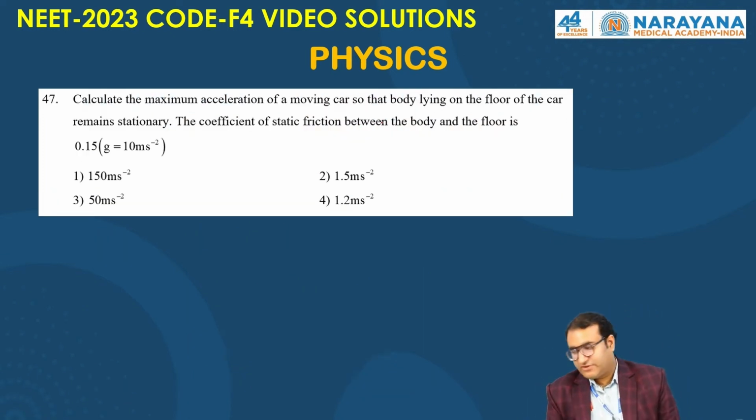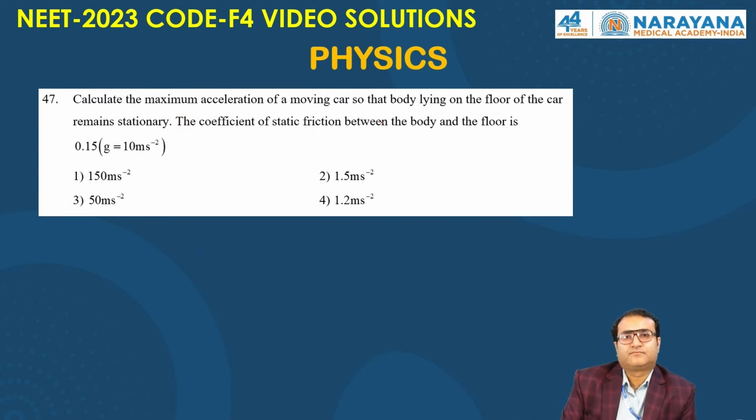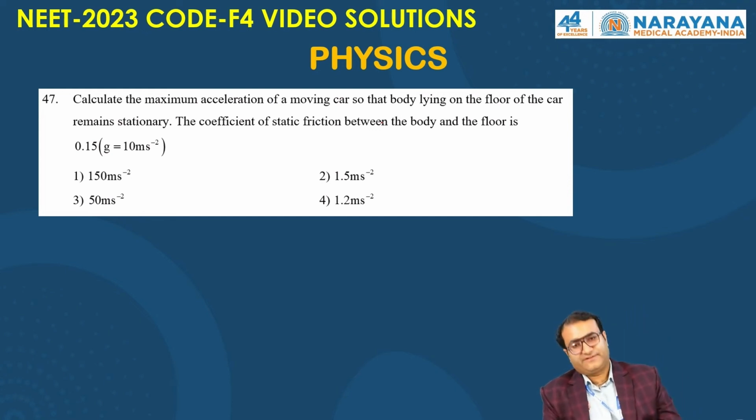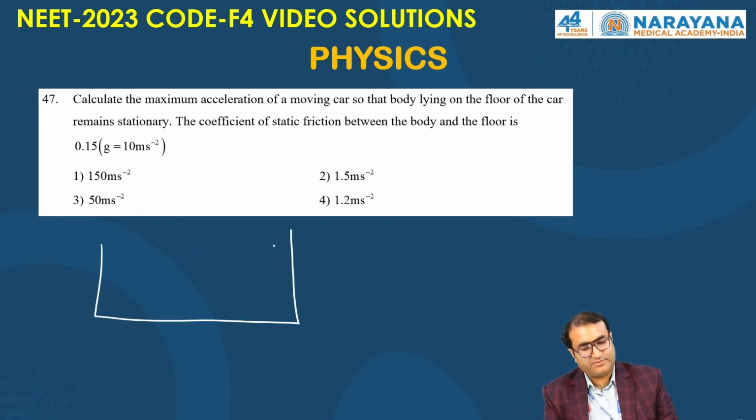Here comes question number 47. Calculate the maximum acceleration of a moving car so that the body lying on the floor remains stationary. The coefficient of static friction between the body and the floor is given as 0.15. Here there's a moving car, suppose there's an object.